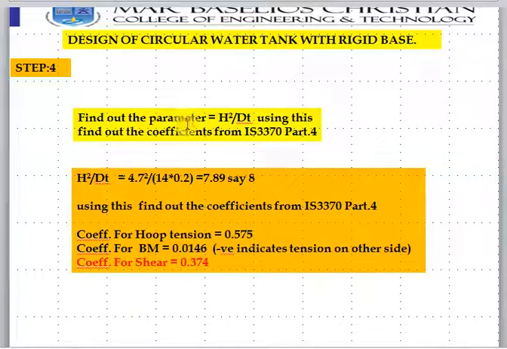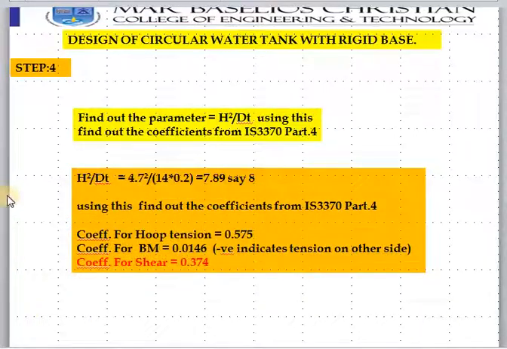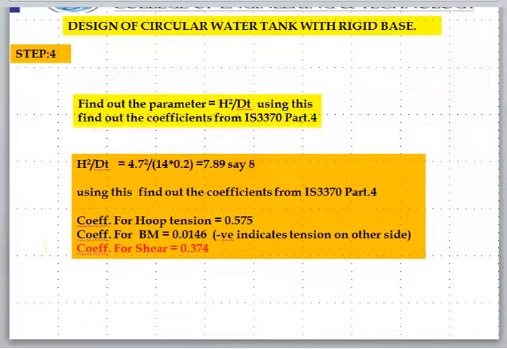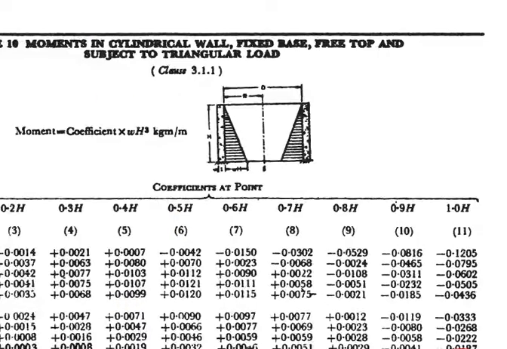So you will find out the coefficients for tension, hoop tension and bending moment. For that we need to find out h square by dt. Okay, let us see this.